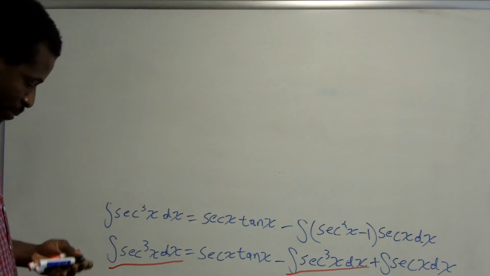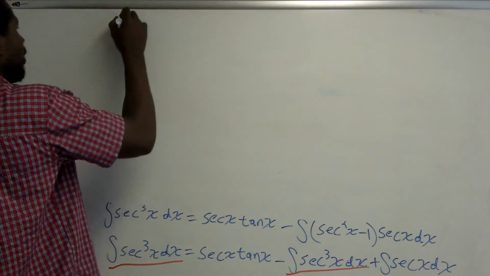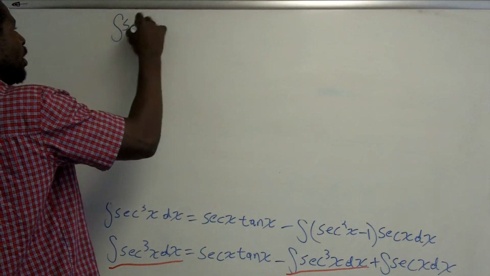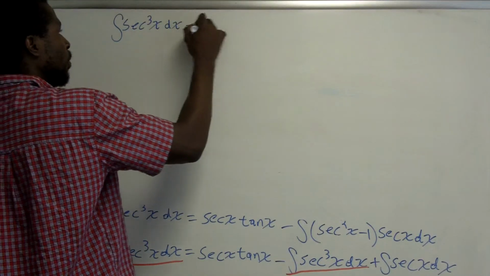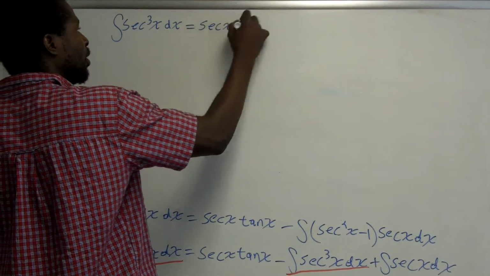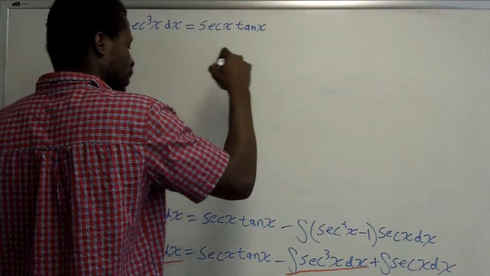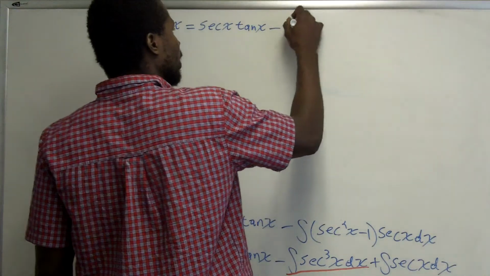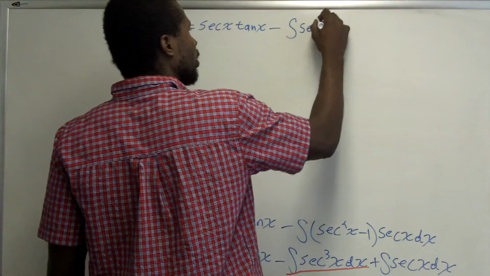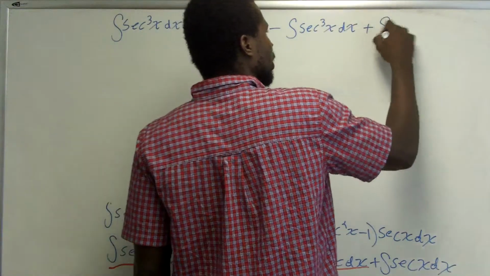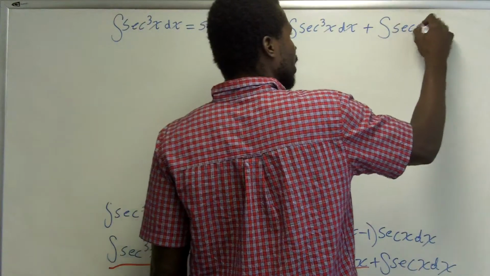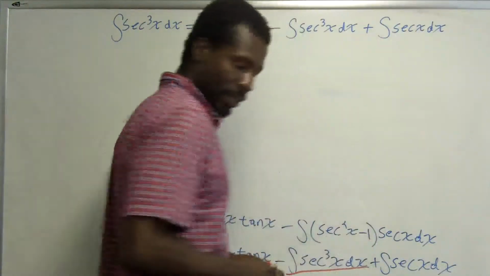All right, so I'm on this step here. I'm going to rewrite that step. I have the integral of the secant cubed of x dx is equal to the secant x tangent x minus the integral of the secant cubed of x dx plus the integral of the secant of x dx.